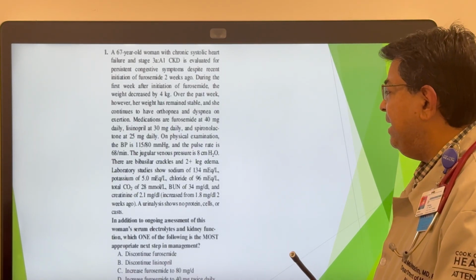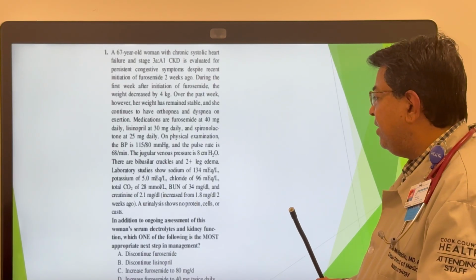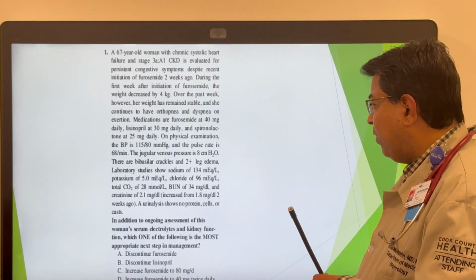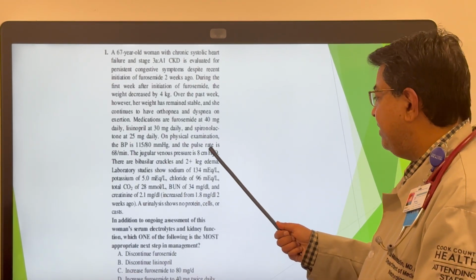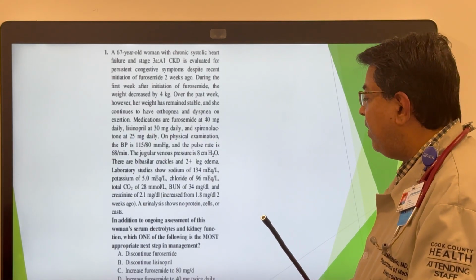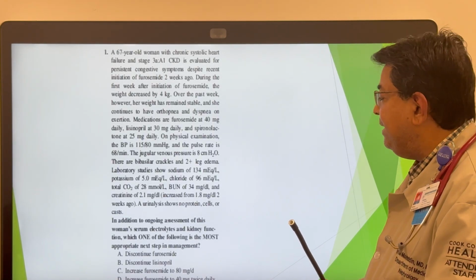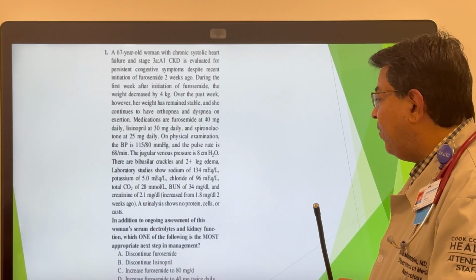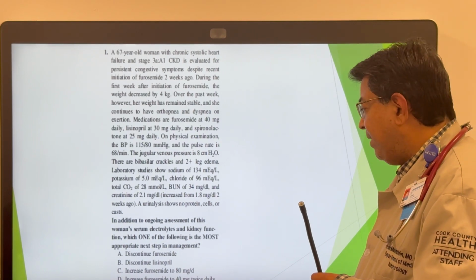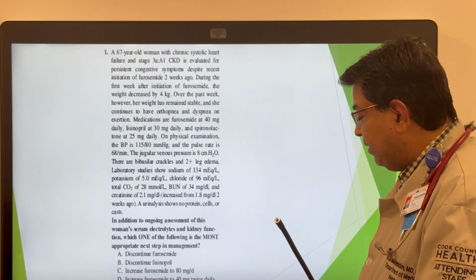On physical examination, the blood pressure is 115/80, the pulse is 68, the jugular venous pressure is 8 centimeters of water, there are bibasilar crackles and 2+ leg edema. Laboratory studies show sodium of 134, potassium 5.0, chloride 96, bicarb 28, UN of 34, and creatinine of 2.1 milligram per deciliter, increased from 1.8 milligram per deciliter 2 weeks ago.